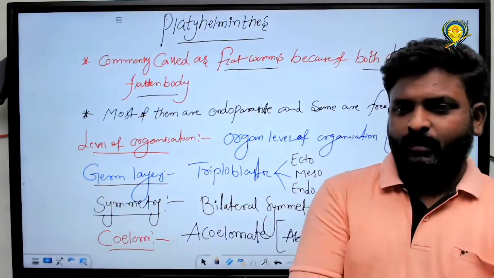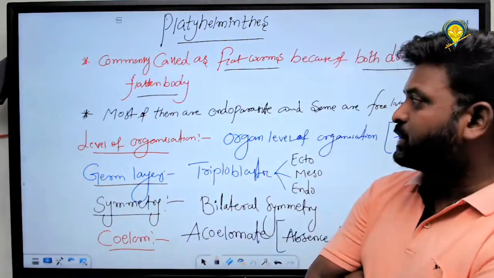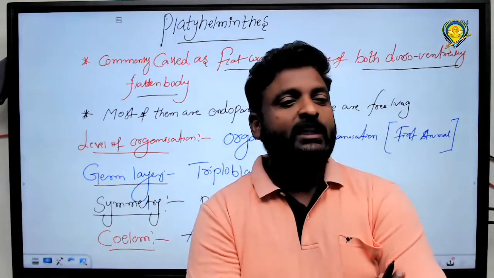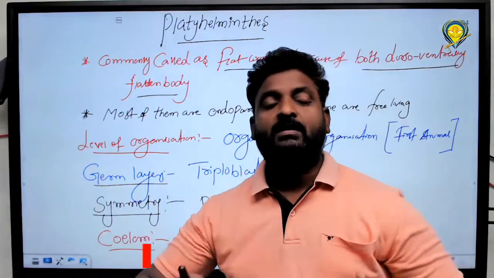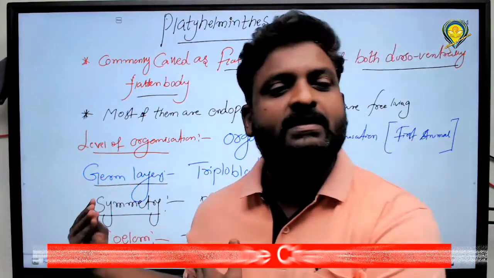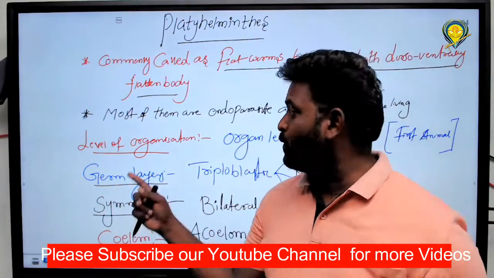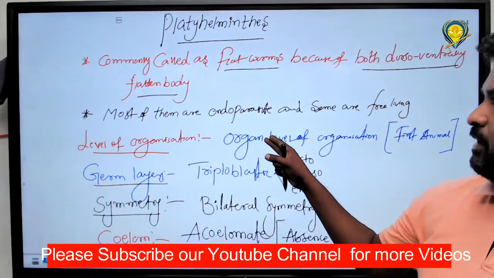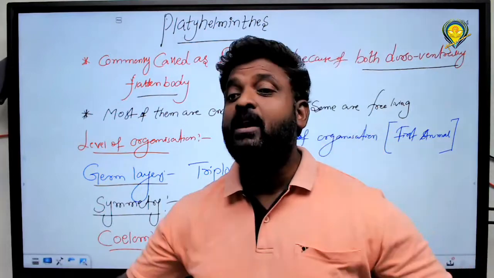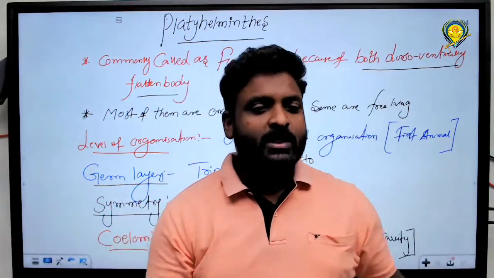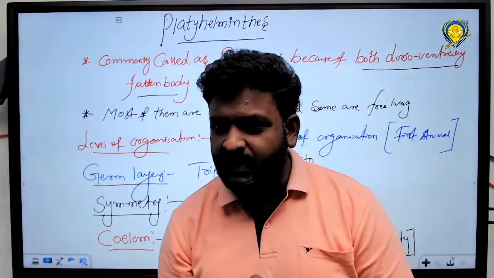So next, if we can explore more about Platyhelminthes. Organ systems, what do you have? As we are discussing, it belongs to what? Organ level or organ system level? Organ level means different organs are conducting different functions, right? The first one, digestion is there.